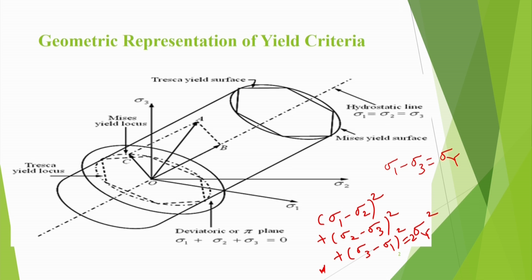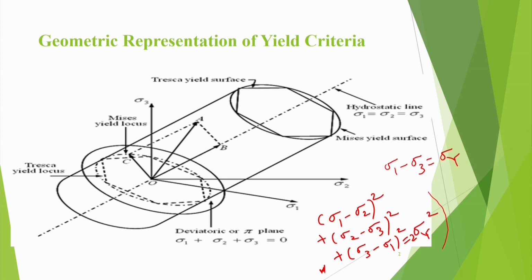Now if I write the equation of the von Mises criterion and put it in this form, if you know 3D geometry very well, you can see this is nothing but the equation of a right circular cylinder. That means there is a cylinder whose cross section is a circle.